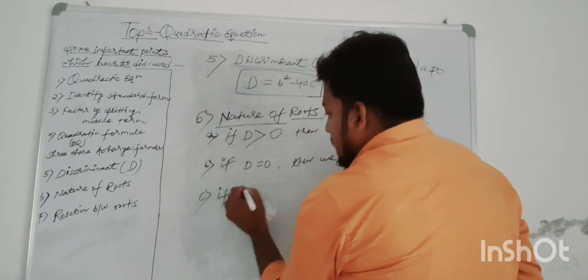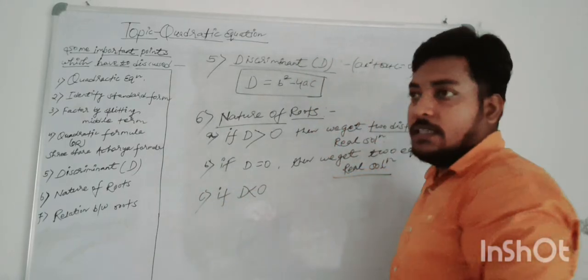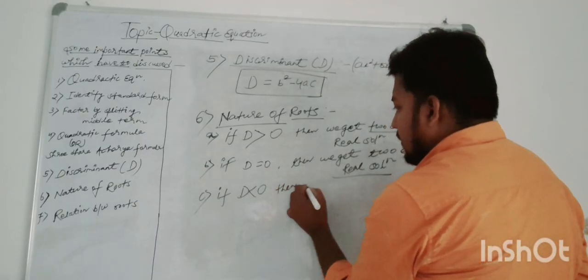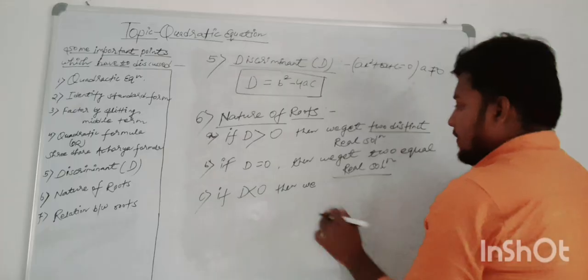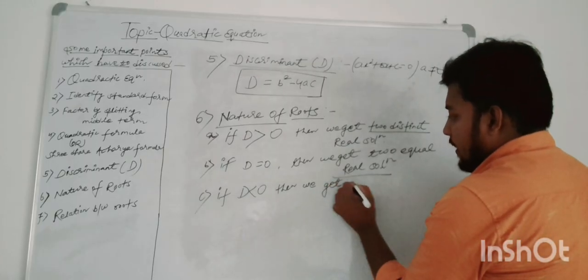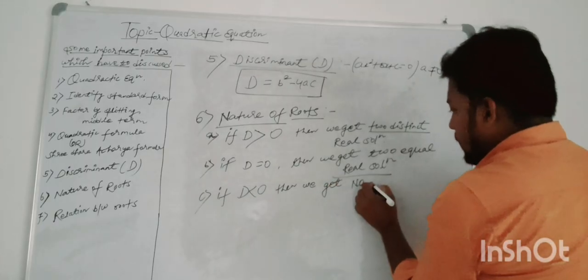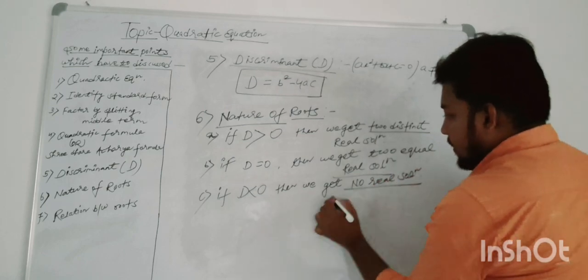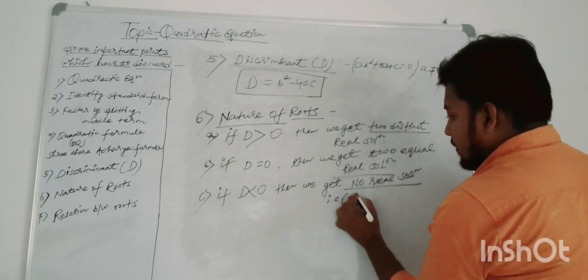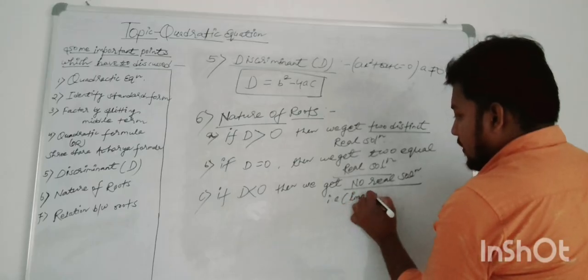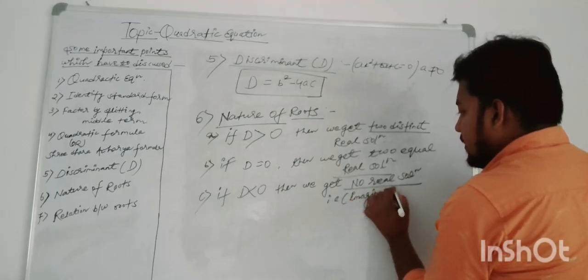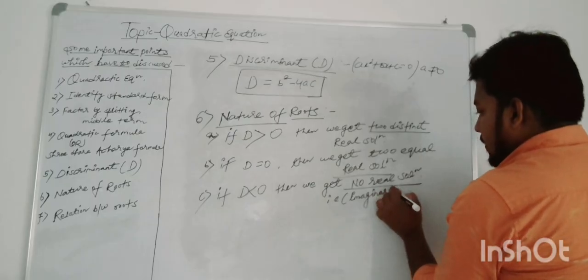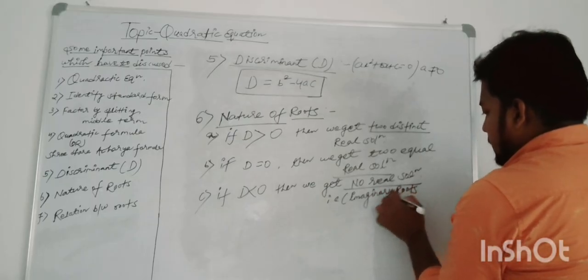And if D is less than 0, D is negative, then we get no real solution, that is imaginary roots.